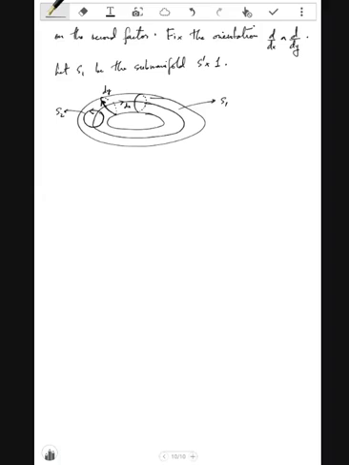Let this point be P1 and let this point be P2.